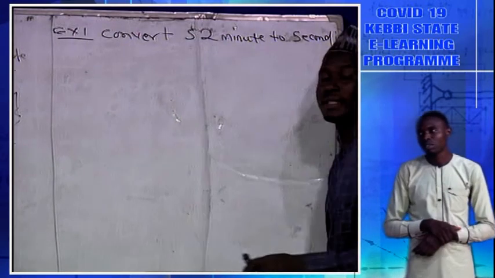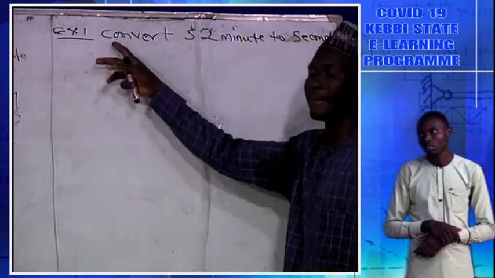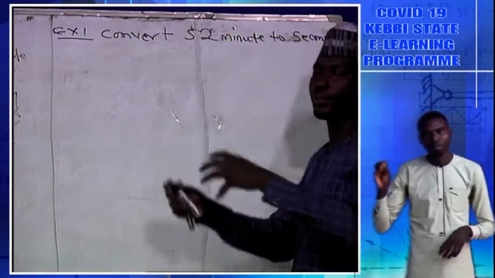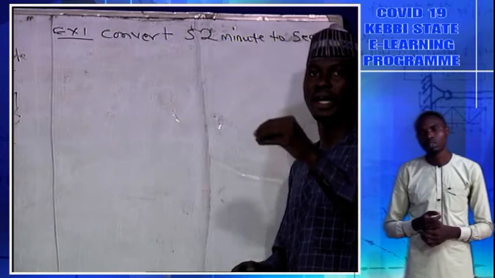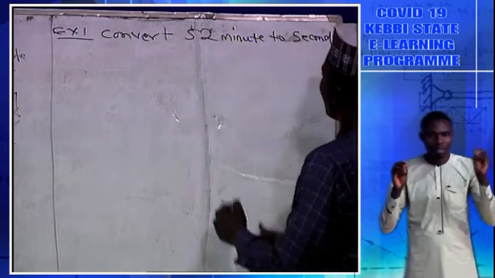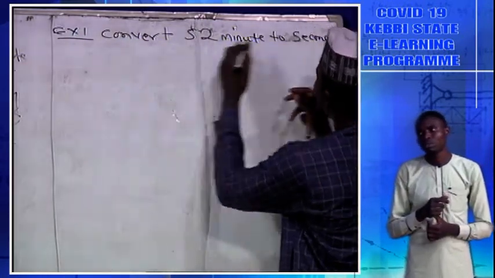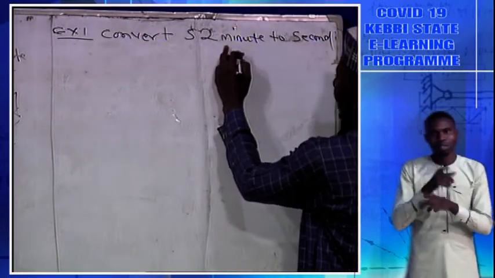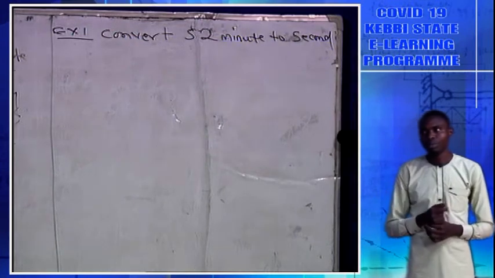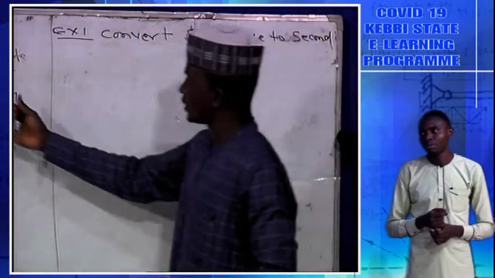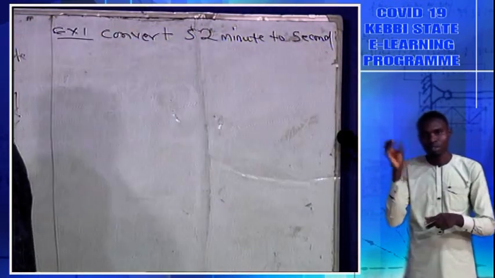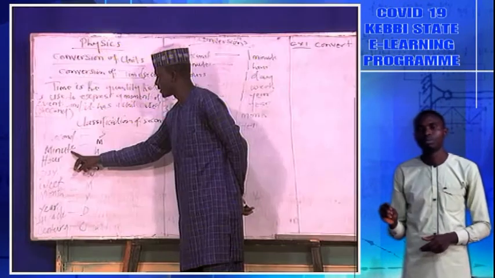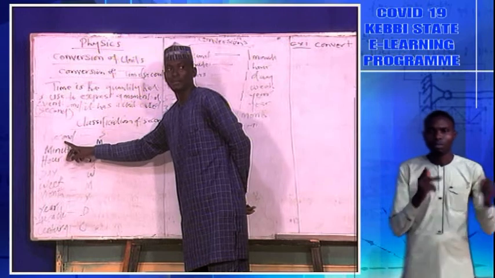As we all know that once we say convert or conversion means to change something from one form to another form. Now, we are going to determine how many seconds do we have in 52 minutes. As we can see from our table here, minute is greater than second. Or we can say second is less than a minute.